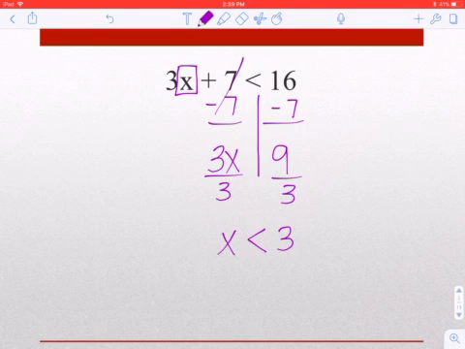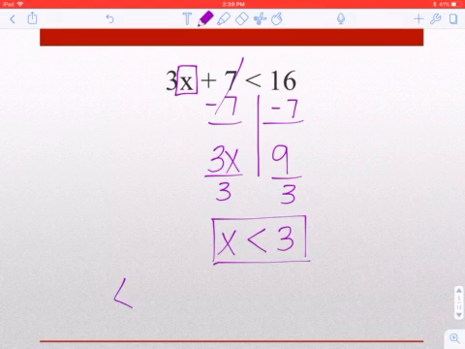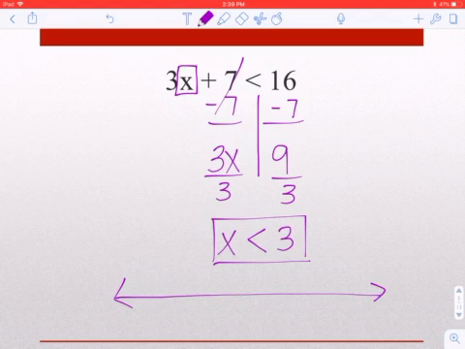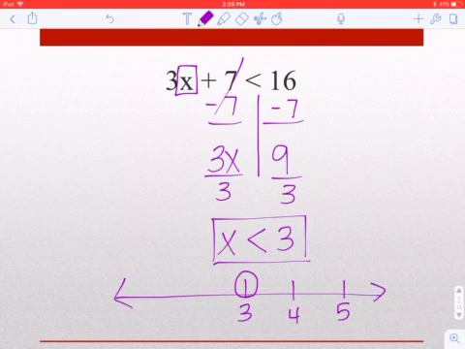9 divided by 3 gives me 3. On my number line, since my inequality sign is not underlined, it cannot equal 3, so I use an open circle. From here, I want to shade everything smaller than 3, everything less than 3, so I shade to the left.